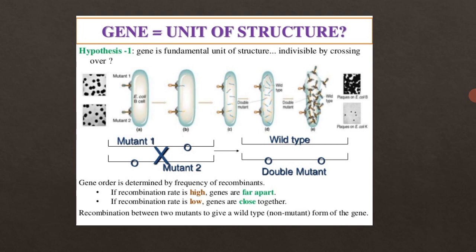Now the gene order can be determined with the help of recombination frequency that we just studied in the earlier lecture, right? That is how we can calculate the recombination frequency. So if the recombination frequency is high, then the genes are present very far apart. Therefore the distance is high, and the cells are getting more time for recombining with each other.